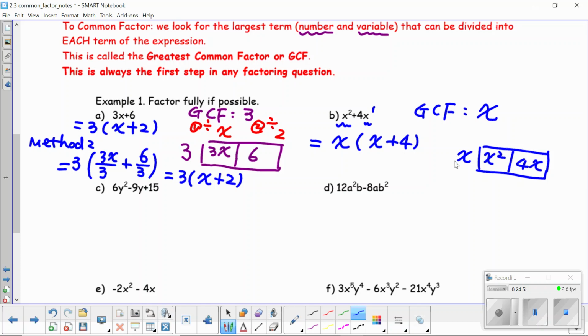So which times x gives you x squared? You could do the area divided by the length, which gives you the width. x squared divided by x gives you x. 4x divided by x gives you 4. Then it's x times x plus 4, so they are the same.